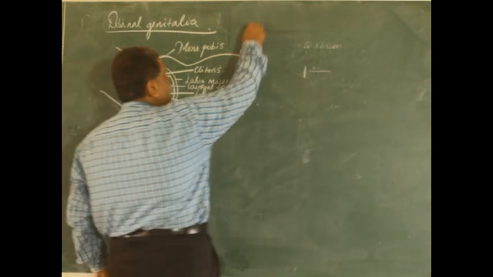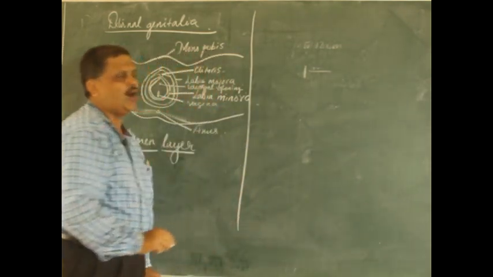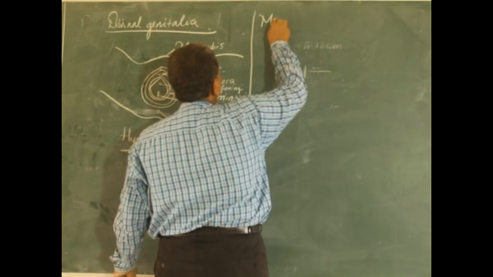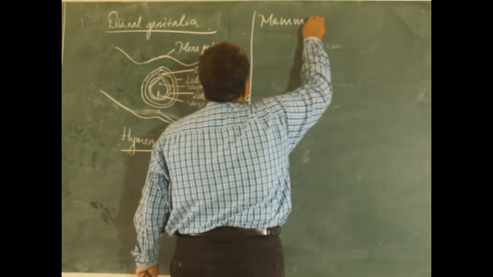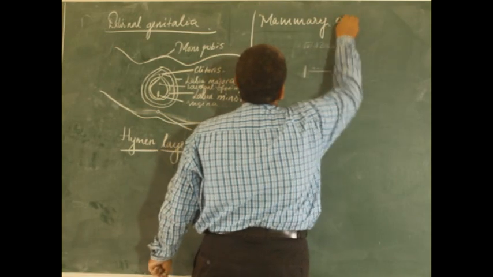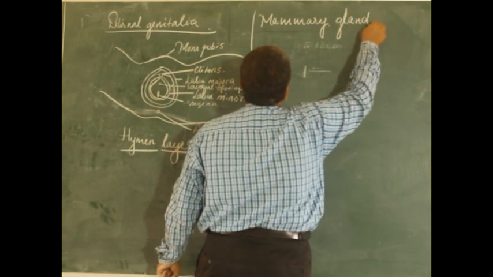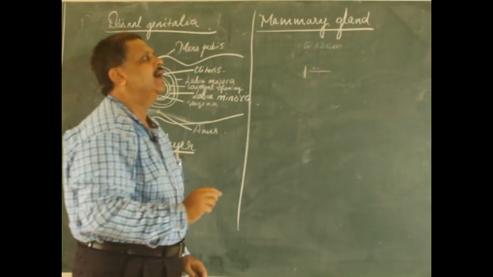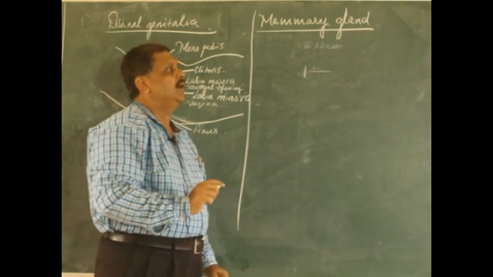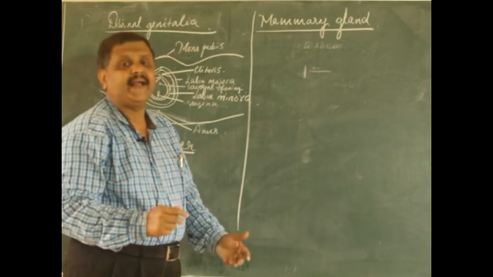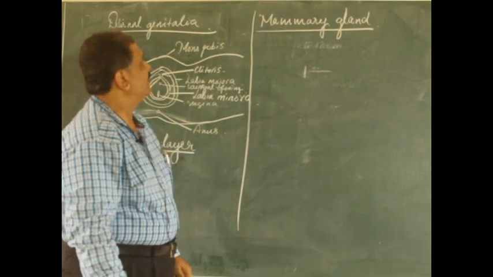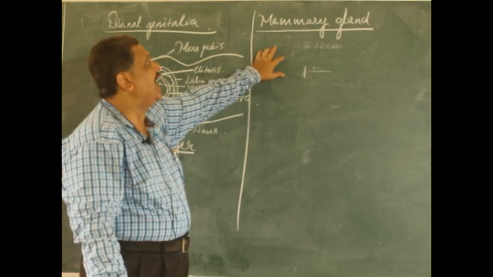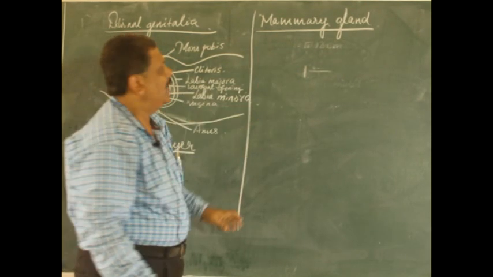So after this, let us concentrate on the next part, that is called the mammary gland. We are all mammals, and mammals take care of their young ones by giving milk, and it is produced in the mammary gland.